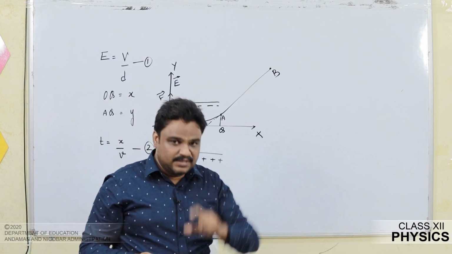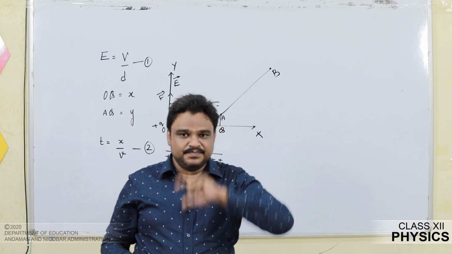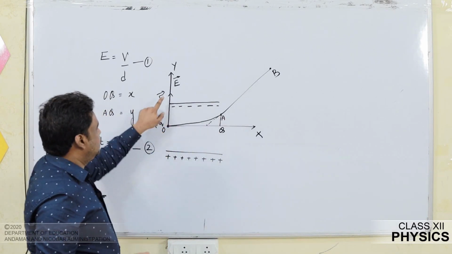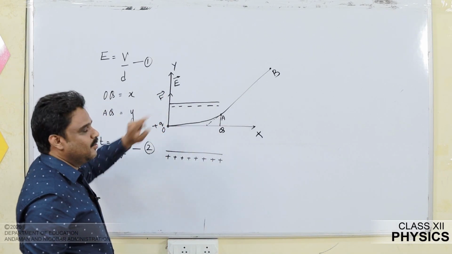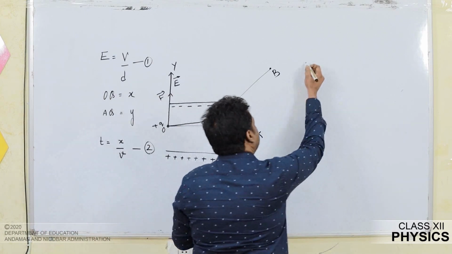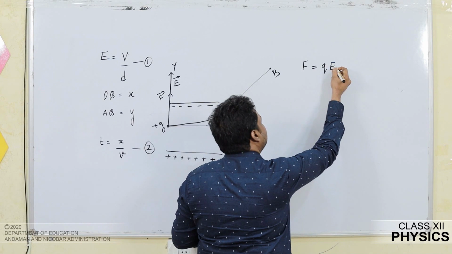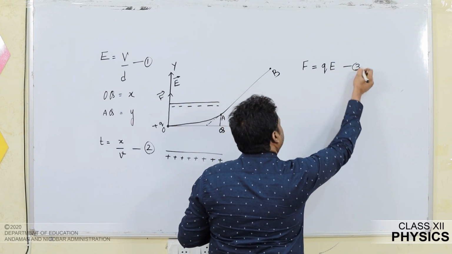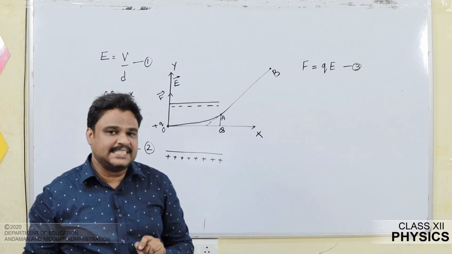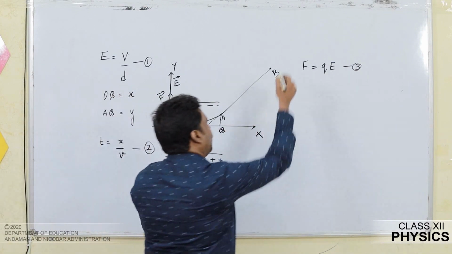Now let us focus on the axis OY. The charge experiences a force along OY. I can write F is equal to QE, a very small formula that we have used a number of times in the first chapter.